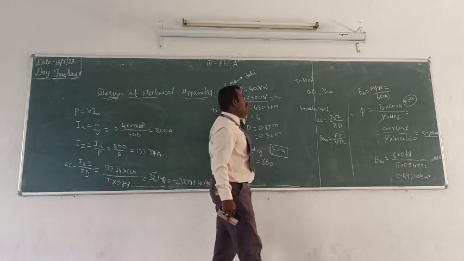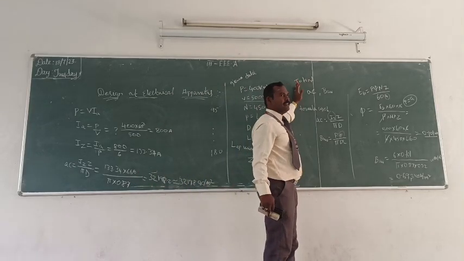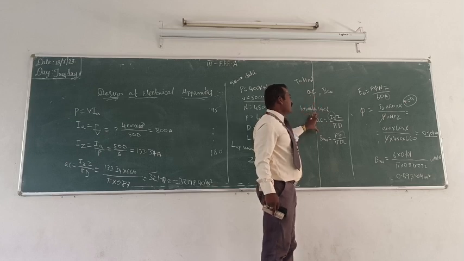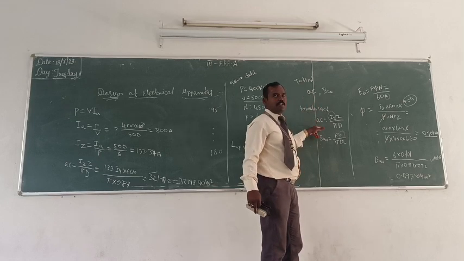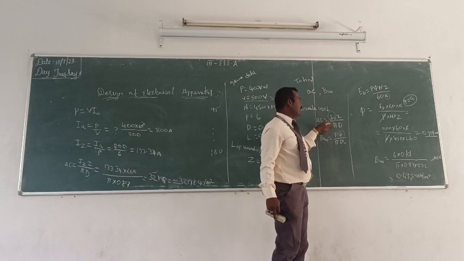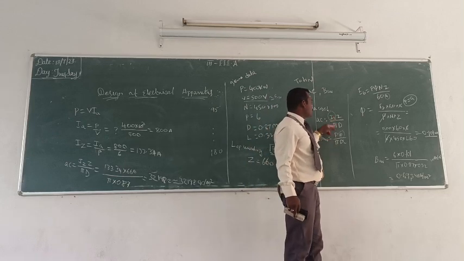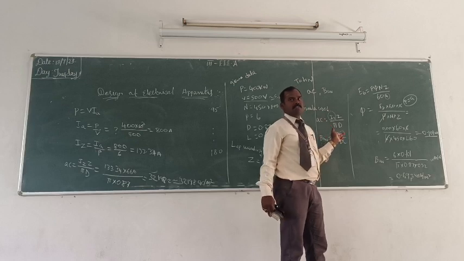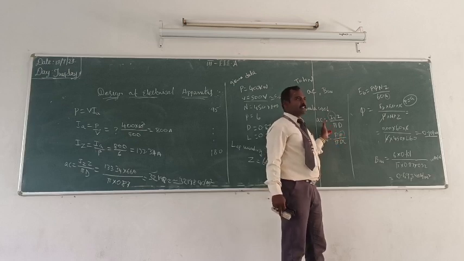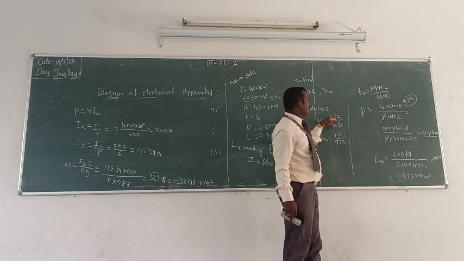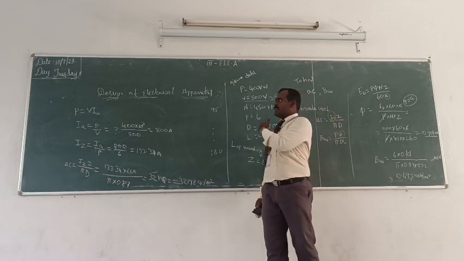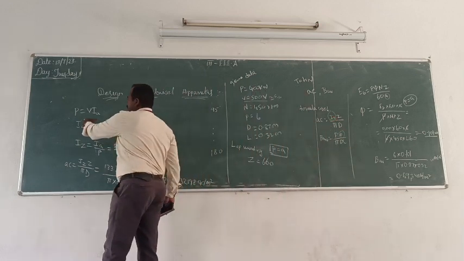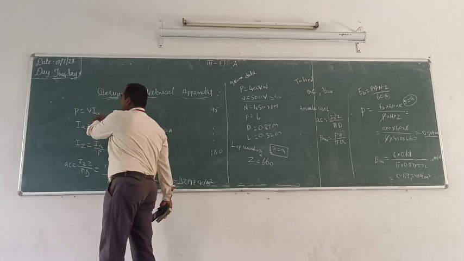After writing the given data, you should write separately what you have to find. Then write the formulas you are going to use. Then you can identify what data is missing from the given data, and you have to analyze that yourself based on the previous expressions, right? While finding the electrical loading, the flow of current, you should find it from the given data. There you use the formula P equal to V into IA.